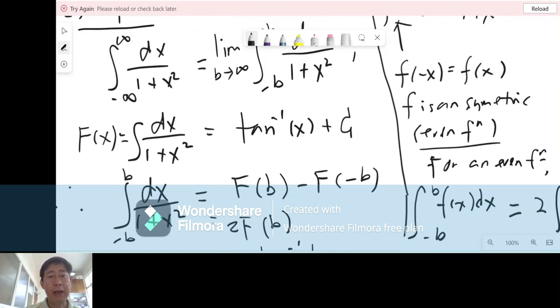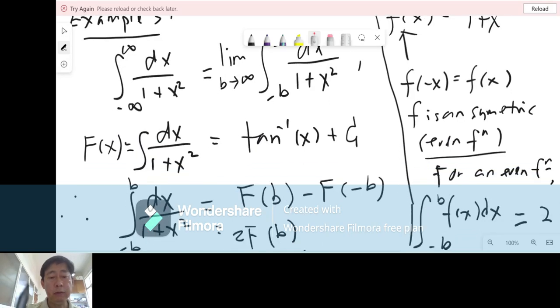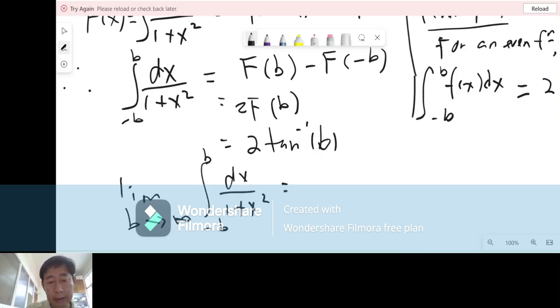So that finishes the first part of obtaining the expression for this integration in terms of b. The next step is to take the limit of b to infinity. So in the next step, I'm going to set b to infinity for the integration we are currently considering. That is the same as taking the limit of b to infinity for 2 arctangent of b.